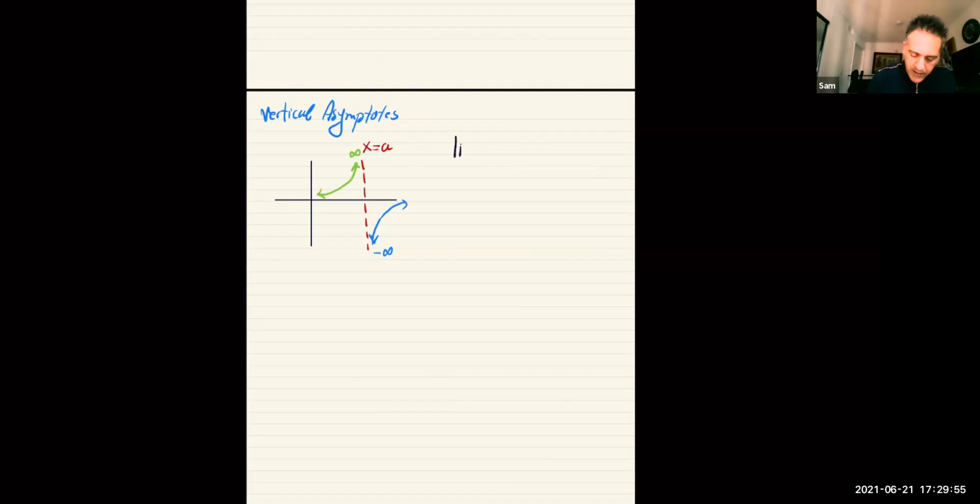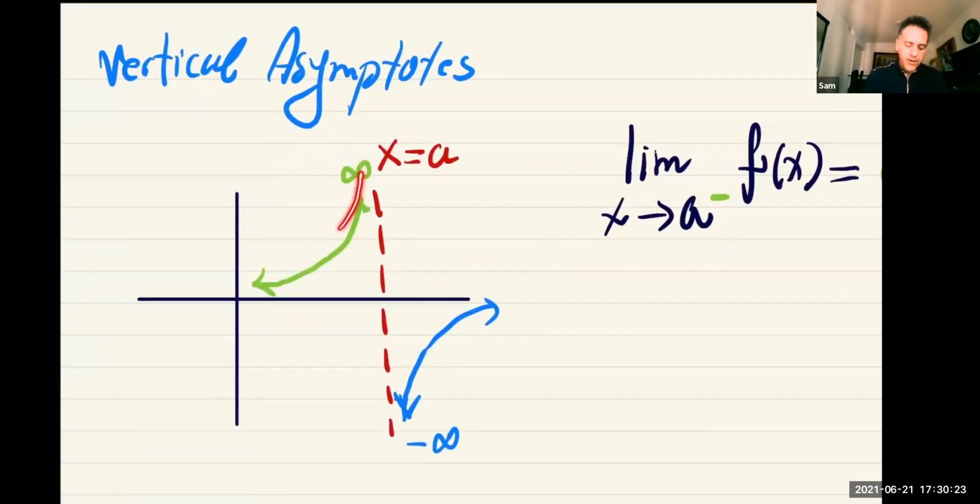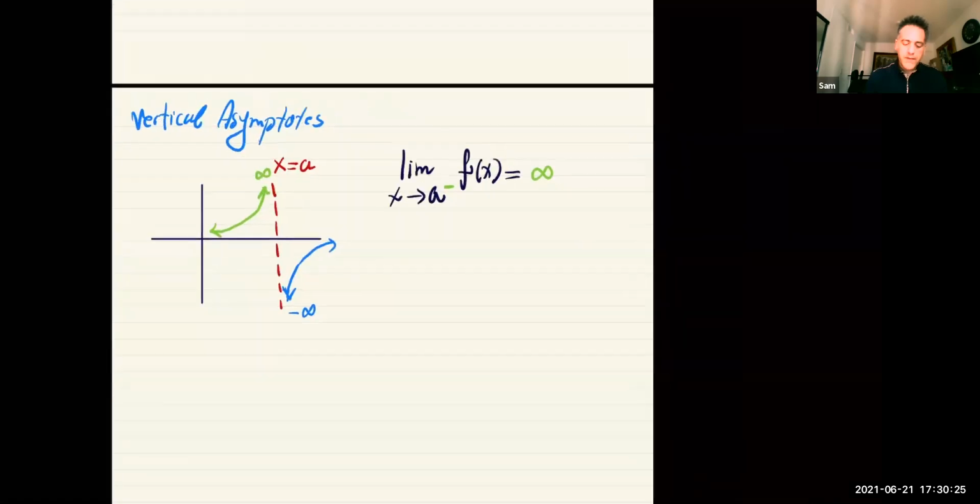So here we say that the limit as x goes to a from the left for the function is equal to positive infinity. Obviously, if you are on the left of a, walking towards a, you're going to be hitting that wall. If you keep walking, you're going to be walking up forever. So the limit is infinity.